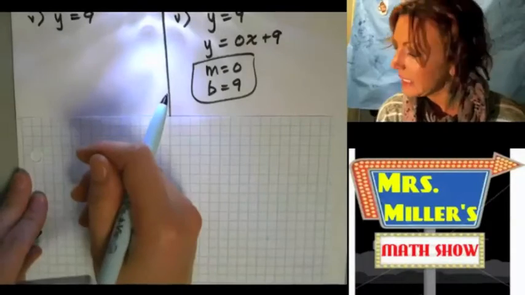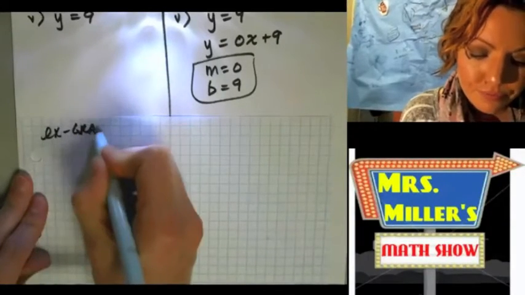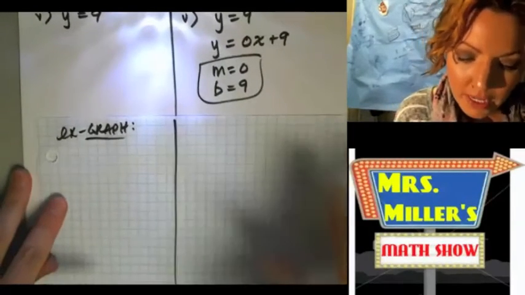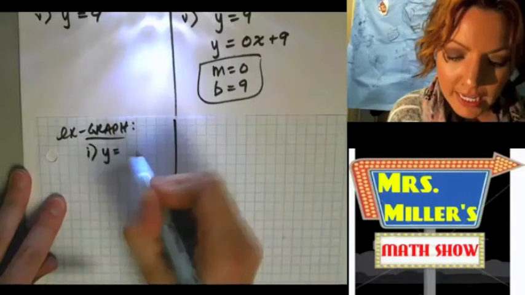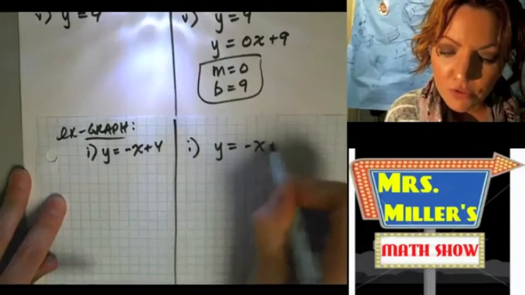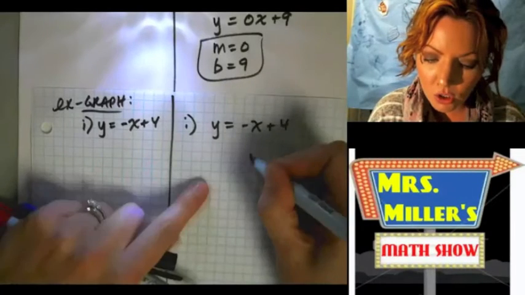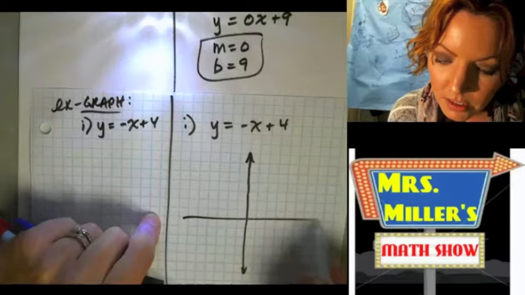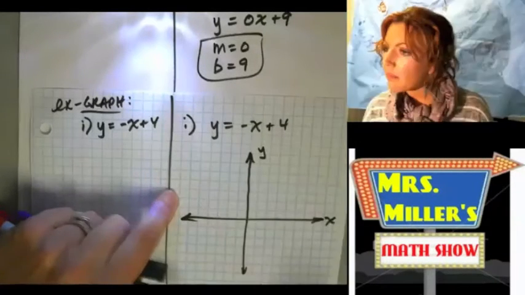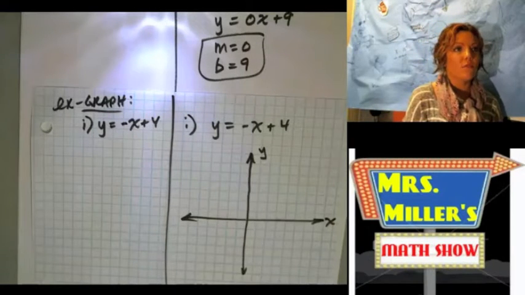It's graphing. All right, so here we go. The first one we're graphing is y equals negative x plus 4. All right, so let's draw a graph. This is in the correct form, so we're good. Can somebody direct me how I would graph y equals negative x plus 4?